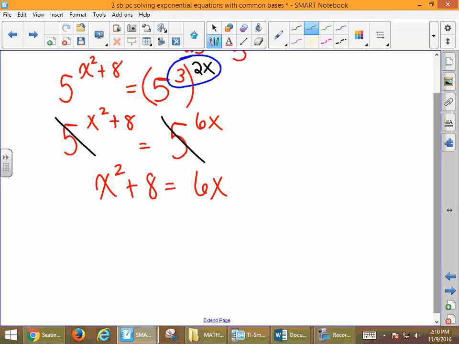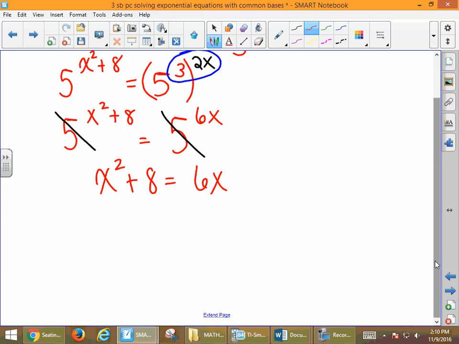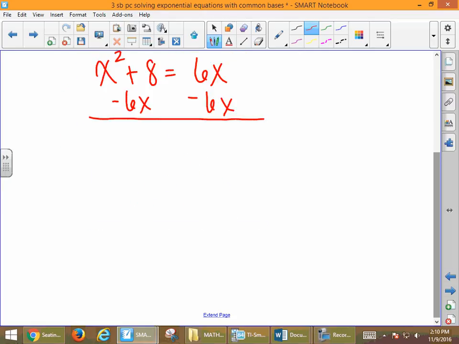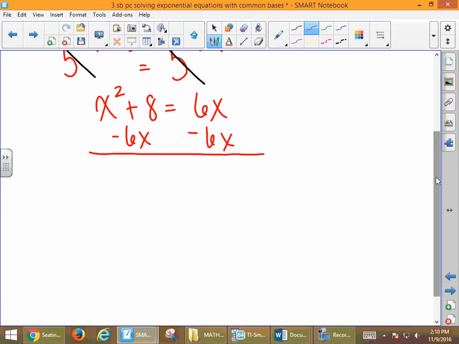So we're left with x squared plus 8 equals 6x. And let's move the 6x over to the other side. And when we do, we're left with x squared minus 6x plus 8 equals 0.